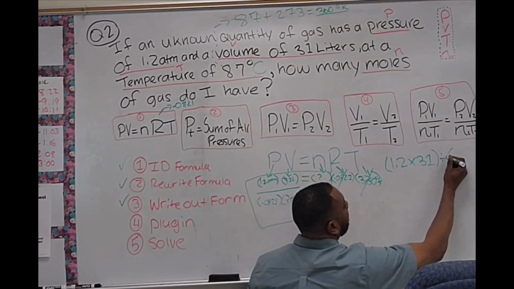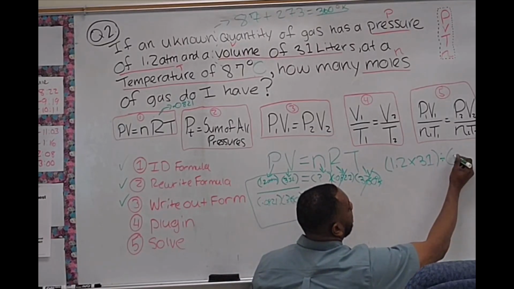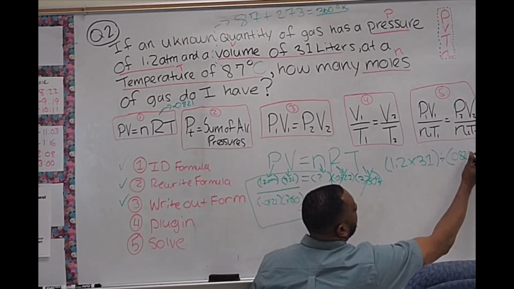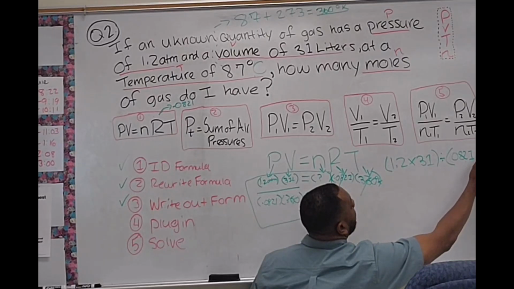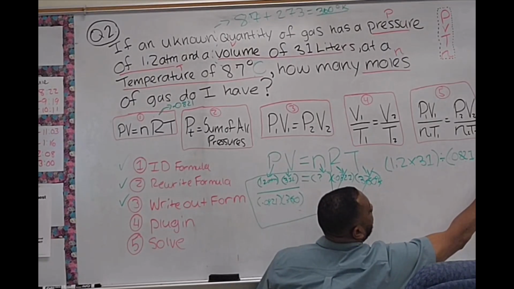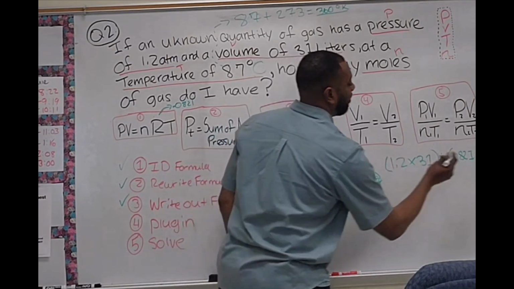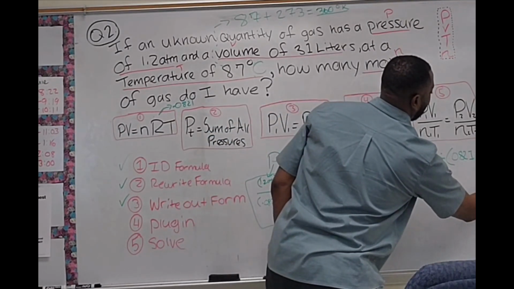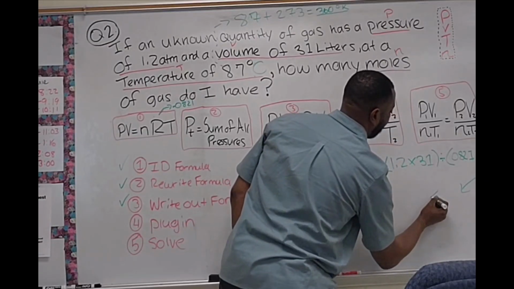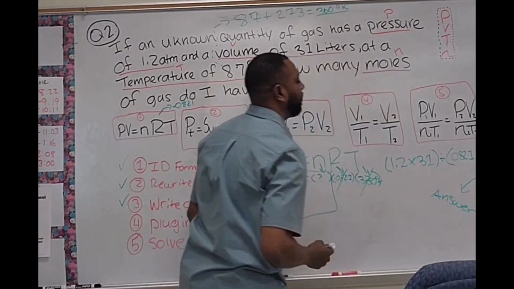Divided by, okay, the bottom, 0.0821 times 360. Okay? All right. Whatever that equals, when you put that in the calculator, that is your answer.